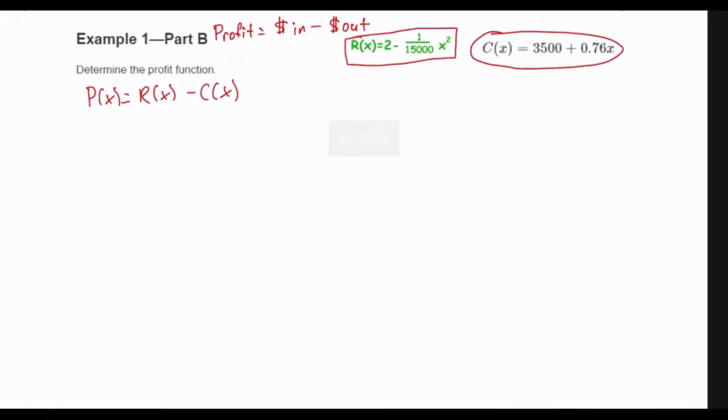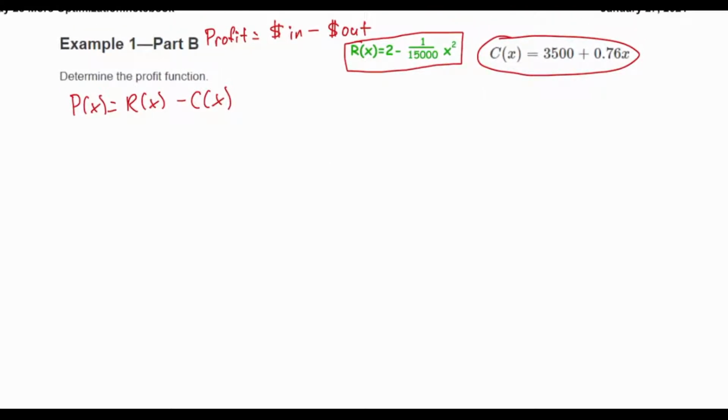So I want to find the profit. I know the revenue function, so let's plug that into our equation. We'll substitute it in. 1 over 15,000 times x squared minus 3,500 plus 0.76x. And let's try to bring this together and see if we can collect like terms or do anything with this.